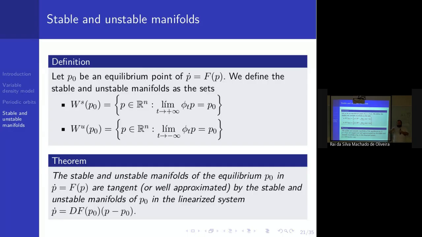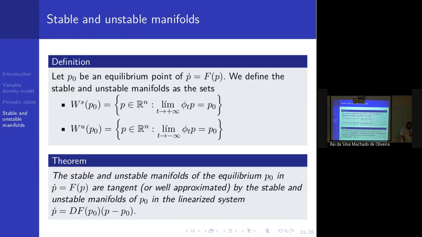They start near the equilibrium point and they go away. And also we have this theorem to approximate the stable and unstable manifold, that we can use the linearized system to compute these manifolds.